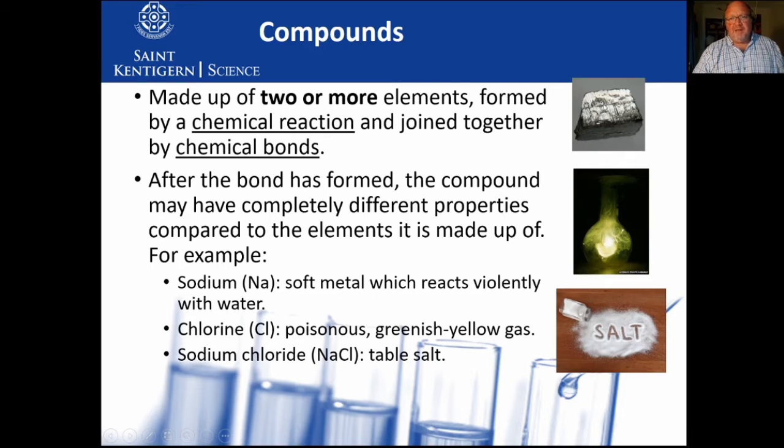We have them react with each other, and what do we get? We get sodium chloride, table salt. And you put that on your food all the time. How weird is that? When you think about it. Explosive, toxic, yummy. And it just shows you, when those chemical bonds form, they have completely different properties.